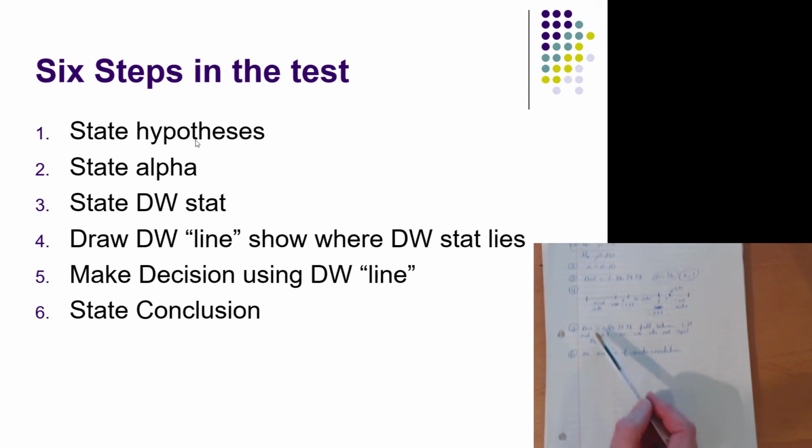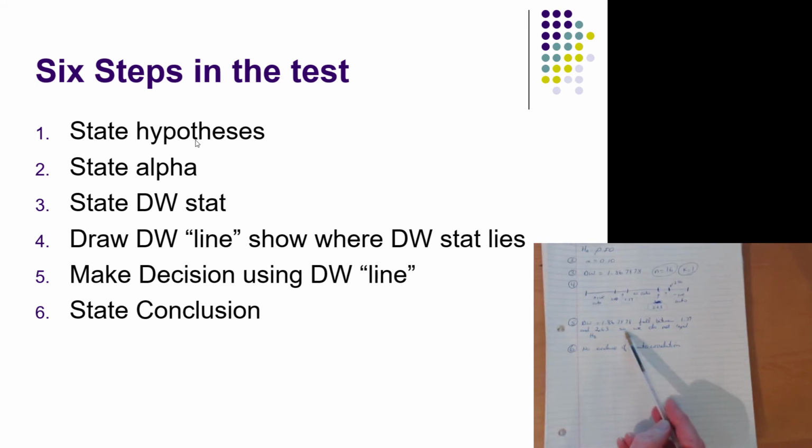Step 5, we make the decision using that line, looking to see where our Durbin-Watson statistic falls. Are we rejecting H naught or not rejecting H naught? And then step 6 is we just state our conclusion. Do we have evidence of autocorrelation, if that was what the question was? Evidence of positive autocorrelation, if that was what the question was? Negative autocorrelation, if that was what the question was?